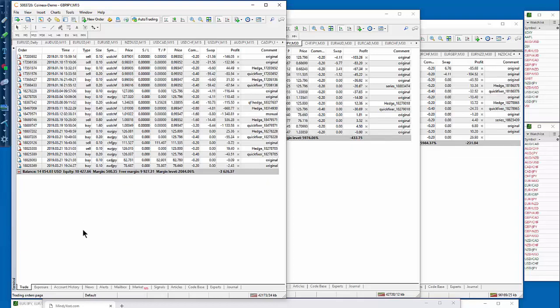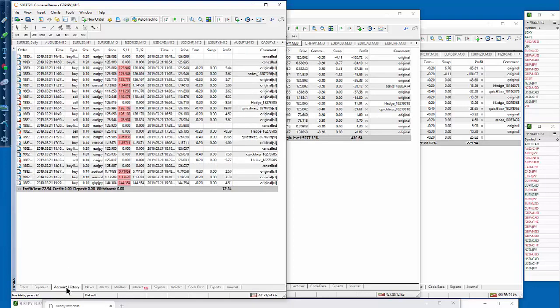But anyway, let's take a look at what the account has done so far today. So far today, it has closed $72.94 of new profit. And that's pretty much about where we expect it to be on a normal day, right?